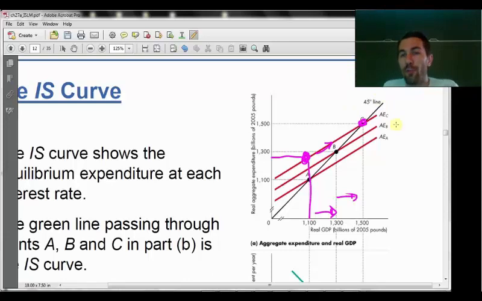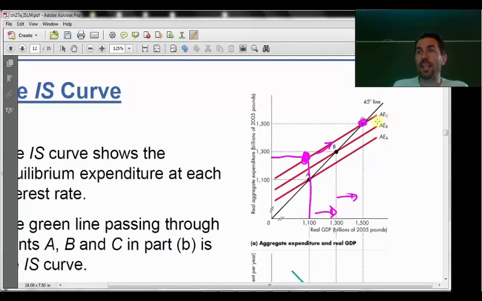What we know, therefore, at point C is any planned investment is equal to savings, right? At any point of disequilibrium, if we took our initial point, people are spending more than they are earning. If they are spending more than they are earning, they must be drawing down on their savings, right?